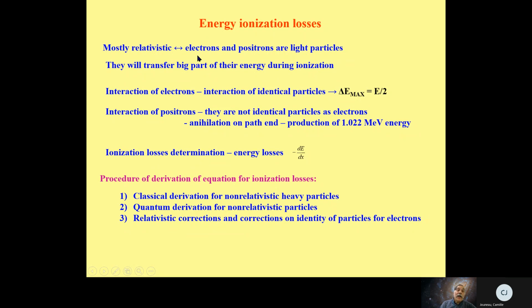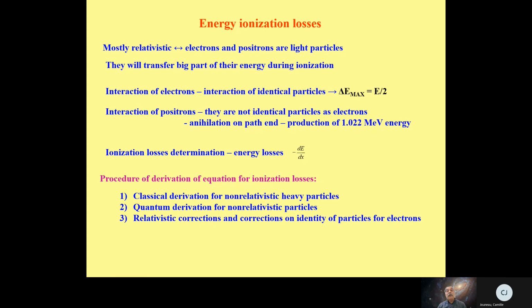This is also one very important difference between heavy particles and light particles, between electrons and positrons and protons. During interaction of protons with electrons, because the proton is much, much heavier than the electron, only a small part of the proton's energy is transferred to the electron.